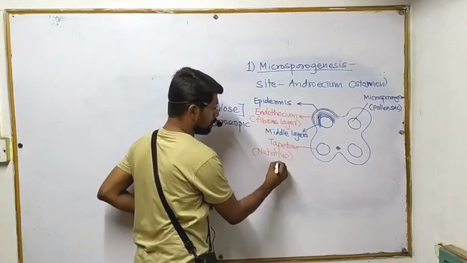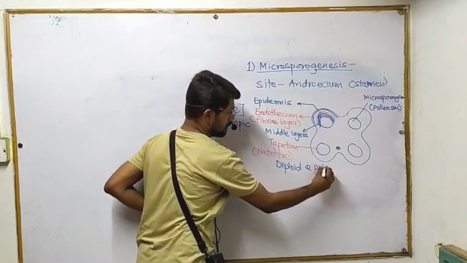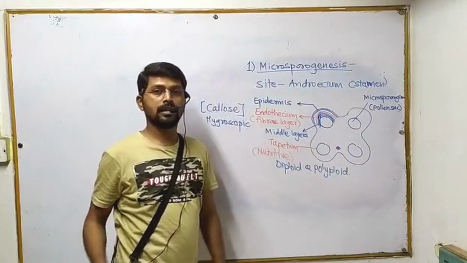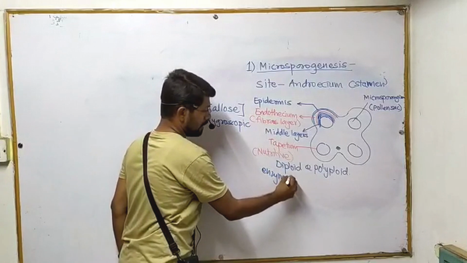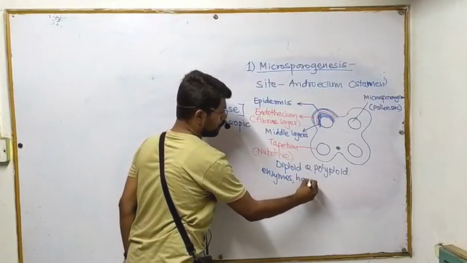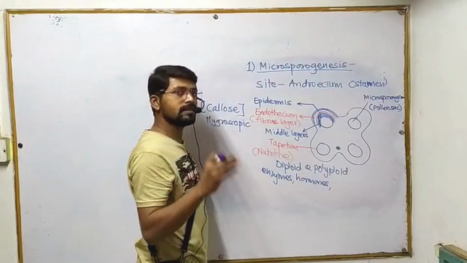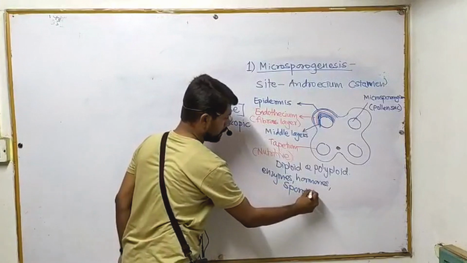They show presence of diploid and polyploid cells. And these cells secrete a variety of substances. It means they secrete different enzymes. Then phytohormones are secreted by this layer. Again, they secrete the toughest biochemical compound which is called as sporopollenin.